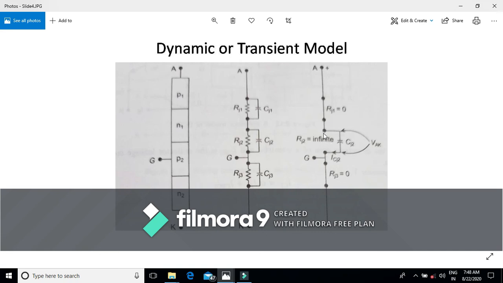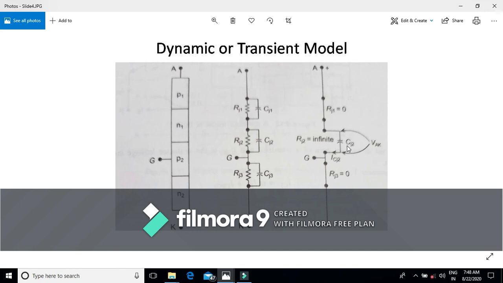And the resistance across junction J2, because of the reverse bias, becomes infinite, which may cause the junction capacitance of this junction to matter.